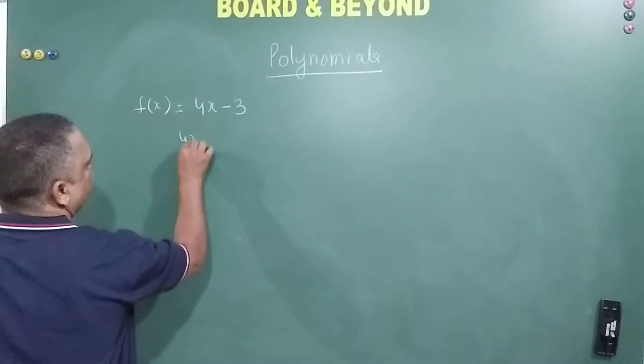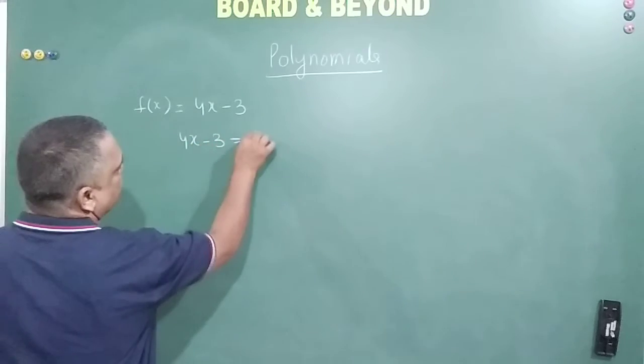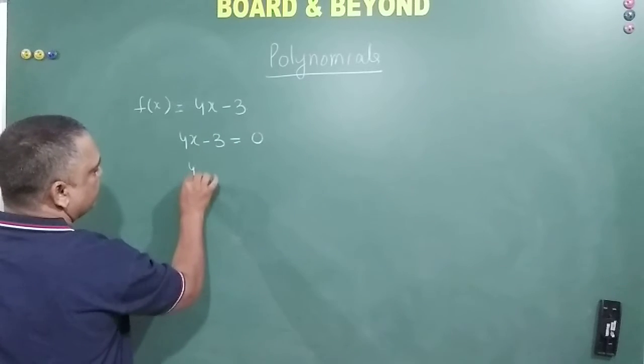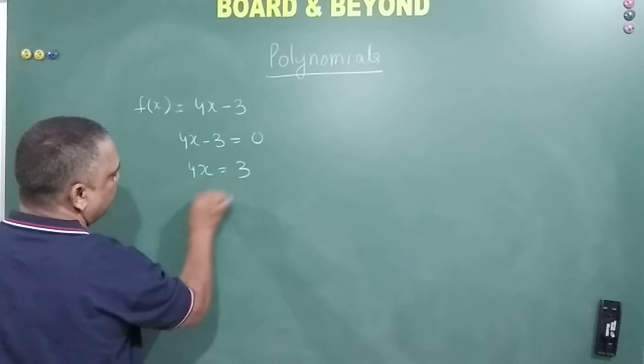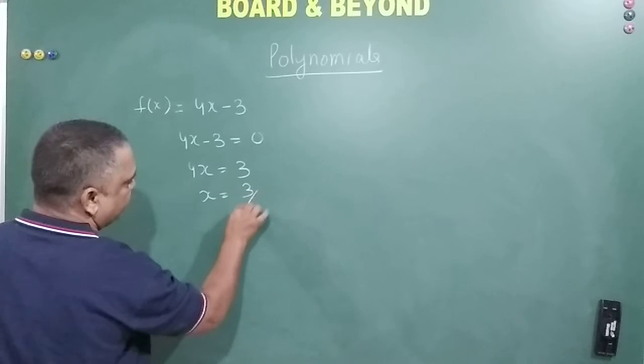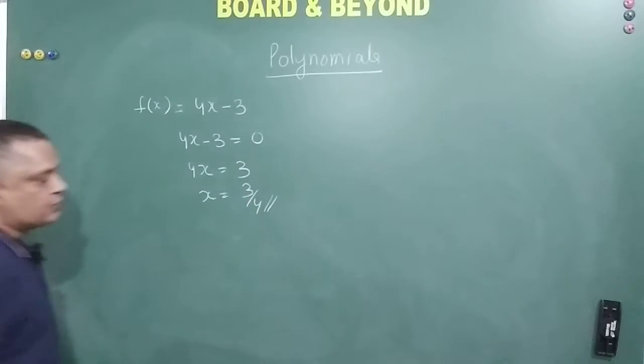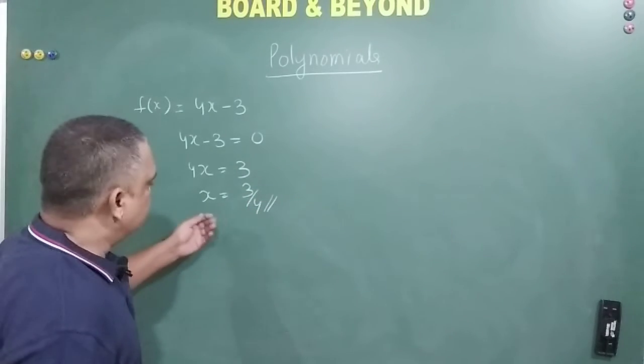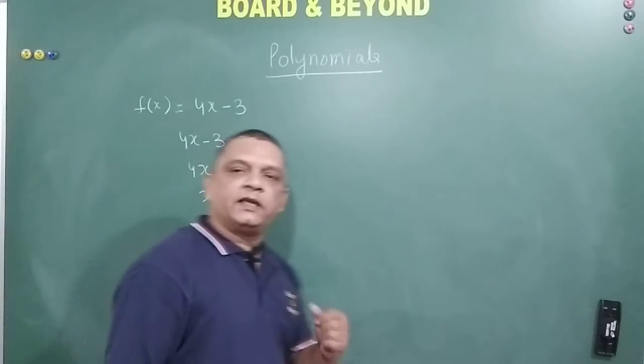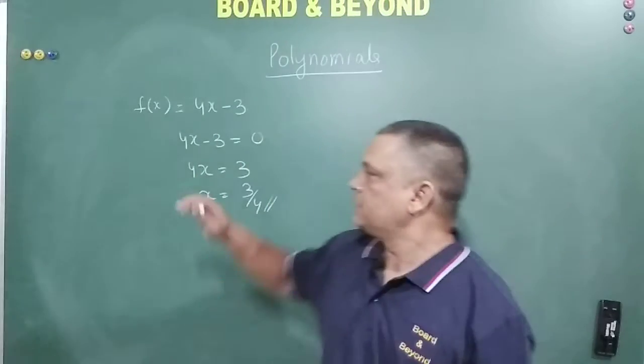Okay, so to find out the root of this linear polynomial, we equate it to 0. So 4x minus 3 is equal to 0, giving me 4x is equal to 3, giving me x is equal to 3 by 4. So 3 by 4 is the root of this polynomial.